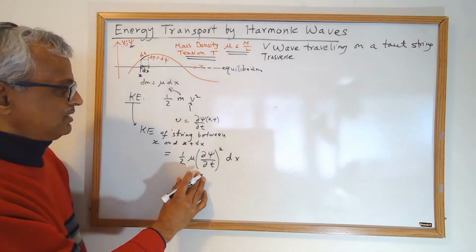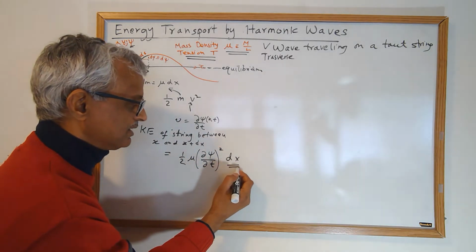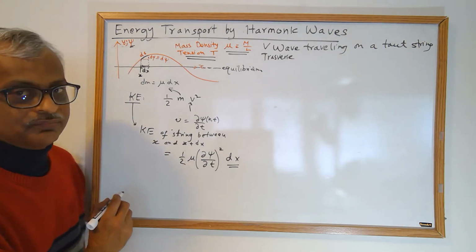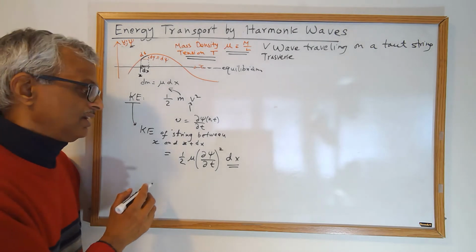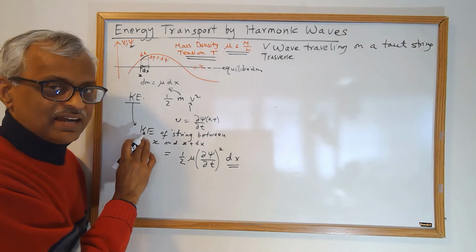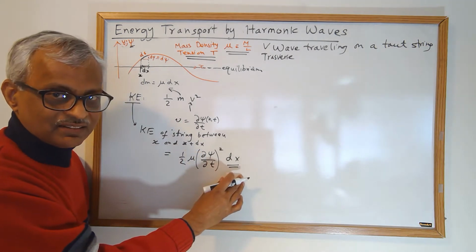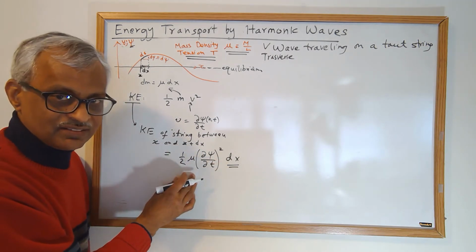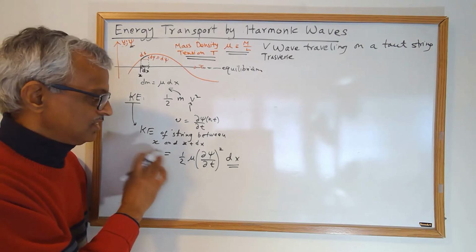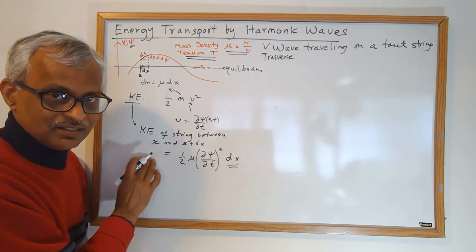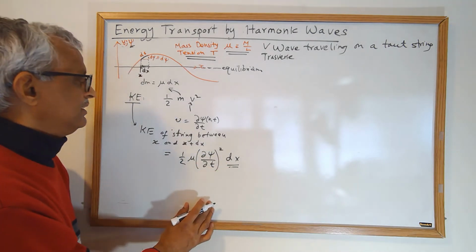So I'm getting the kinetic energy of a very tiny element. That's why we have dx here. Makes sense, right? If I divide whatever I got here by dx, I'll get a kinetic energy density, kinetic energy per unit length. You can see the energy density concept coming up.